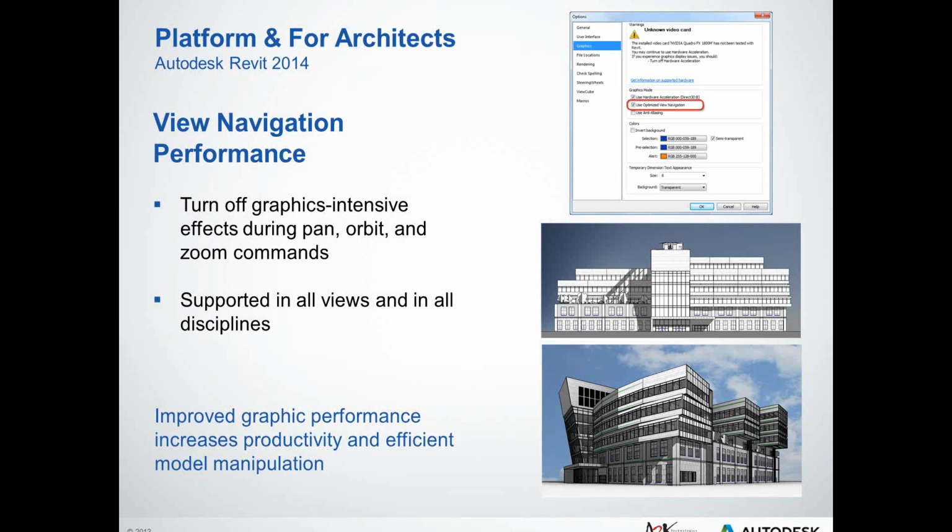And then when you stop spinning the model, all those elements will then get regenerated again. The idea being is that it adds more performance to you getting around a model and maybe a plan view when you're panning, but still get all that detail back once you stop doing so.